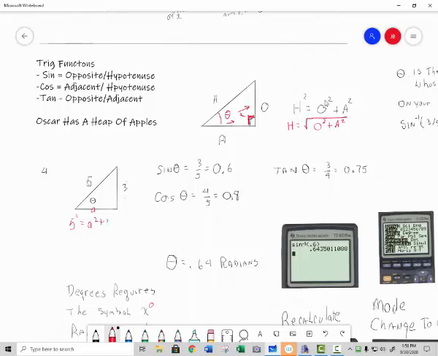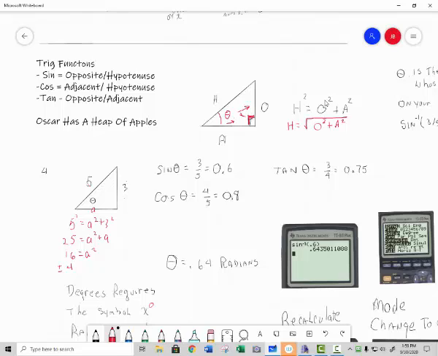So I know that 25 is going to be that a squared plus 9. If I subtract 9, I should get 16 is equal to a squared, and actually if I take the square root, it's going to be plus or minus 4 is equal to a.